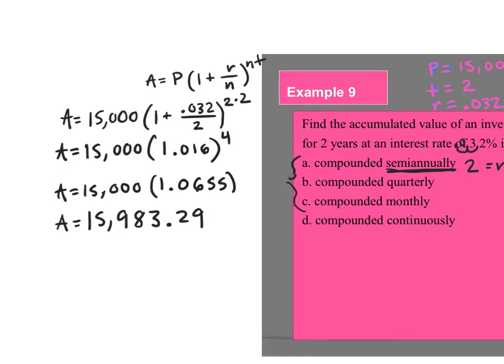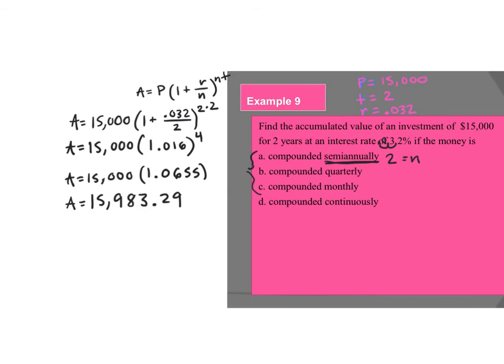Anybody else get this? Perfect. All right, so let's look at B. Any questions on that one? All right, B, we're doing the same thing. How many times a year is quarterly? 4.